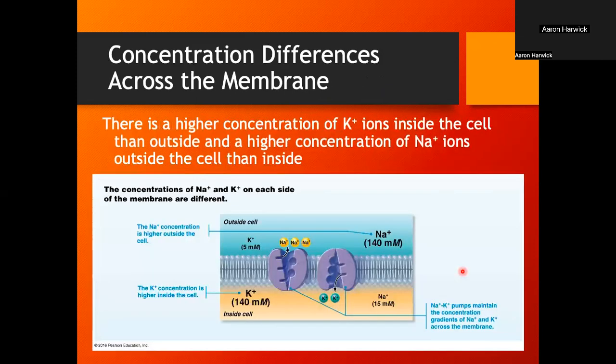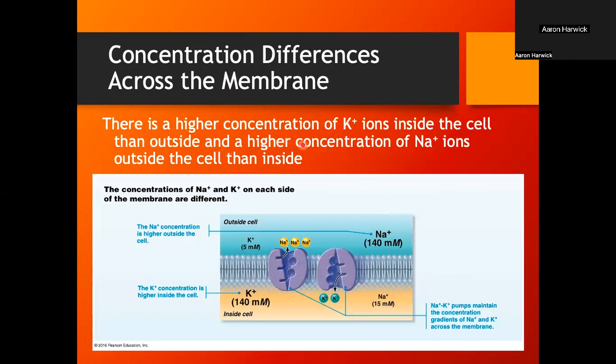So what causes those things to happen is basically the changing of the relative concentration of different chemicals inside and outside of the cell. So what we've got here is something called concentration differences across the membrane.